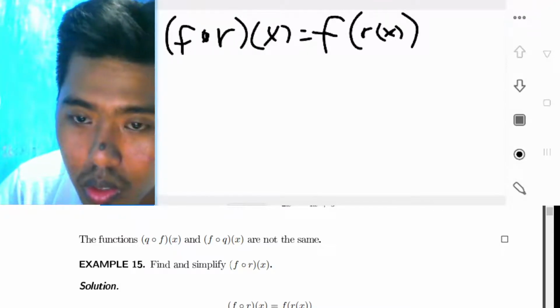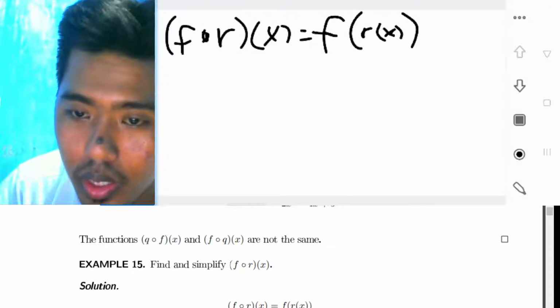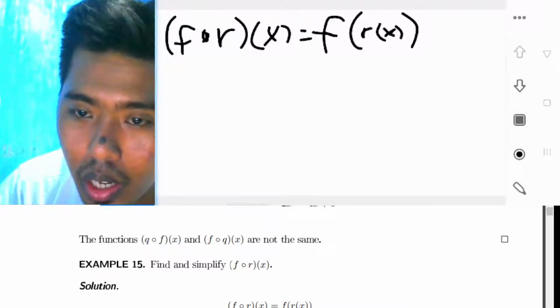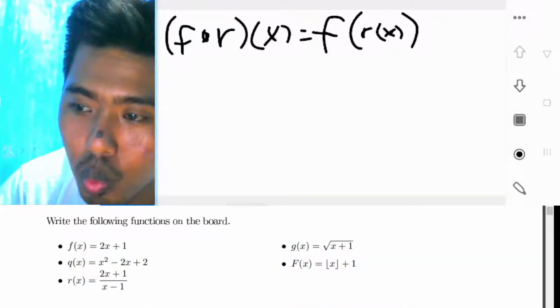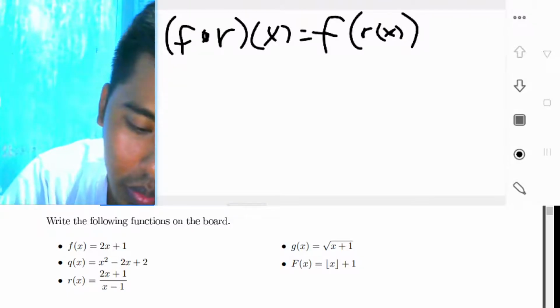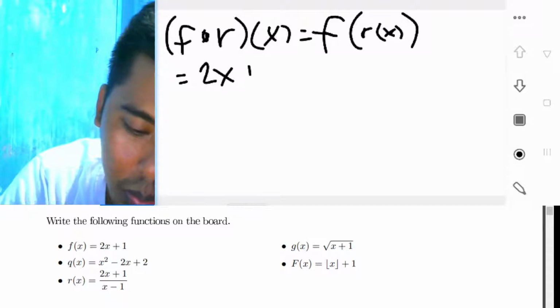Now let's try to know what is the value of F first. So F is 2x plus 1.